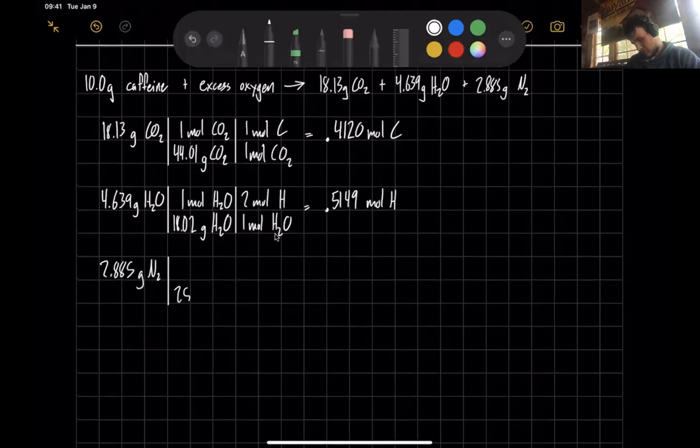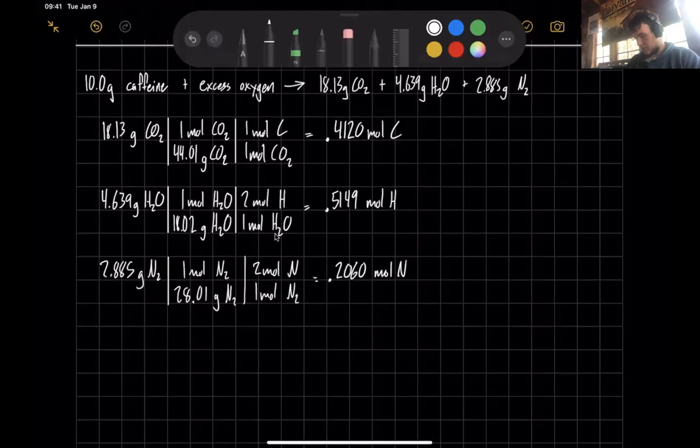There are 28.01 grams in 1 mole of N2, and 1 mole of N2 is 2 moles of N. So 2.885 divided by 28.01 times 2 equals 0.2060 moles of nitrogen.